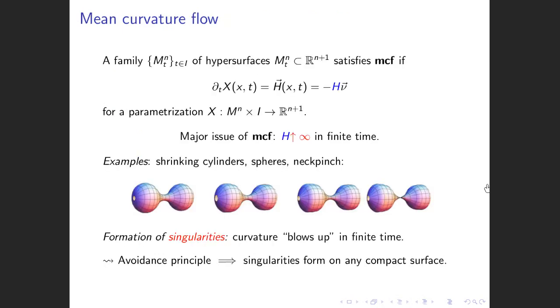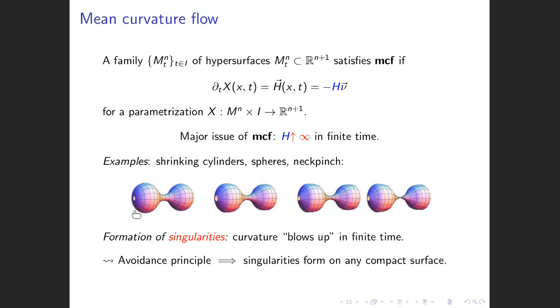Right. So the big issue of mean curvature flow is that the flow does not exist for all time. And it does not exist for all time because the mean curvature goes to infinity in finite time. We've seen that this is the case with the spheres and the cylinders, but these are nice examples because the whole surface has disappeared the moment that the singularity occurred.